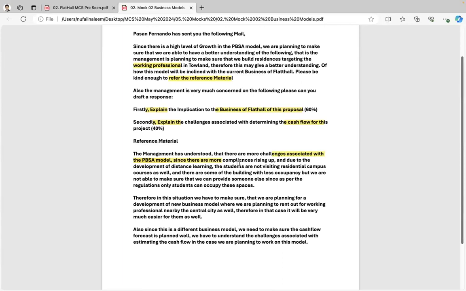And another compliance is completion rate of the universities and colleges are getting monitored. And due to the development of distance learning, the students are not visiting residential courses as well, as there are some of the buildings with less occupancy, but we are not able to make sure that we can provide someone else, since as per the regulation, only students can occupy these properties.